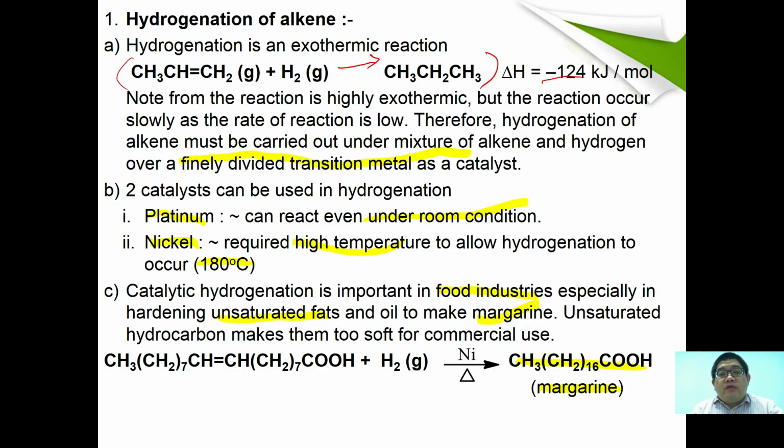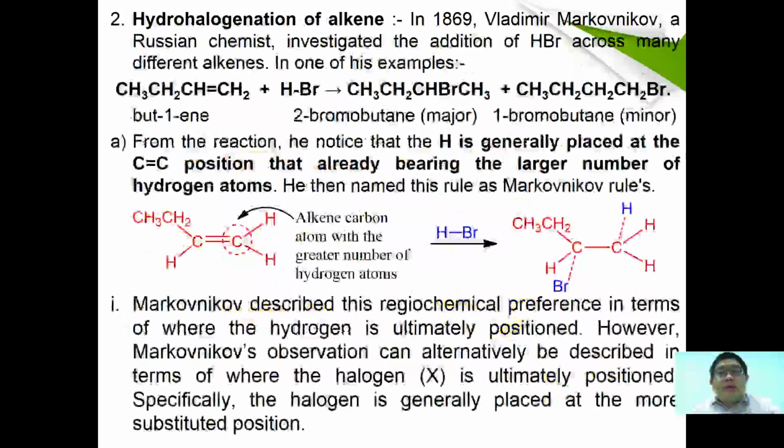So finishing the hydrogenation of alkene, we're going to have a look at the second chemical reaction, which is hydrohalogenation. Now, one of the original experiments that carried out the hydrohalogenation of alkene was done by Vladimir Markovnikov, a Russian scientist, to investigate the addition of hydrogen bromide across many different alkenes. So in one of the examples, he studied that when but-1-ene reacts with hydrogen bromide, it will yield two different products, namely 2-bromobutane and 1-bromobutane.